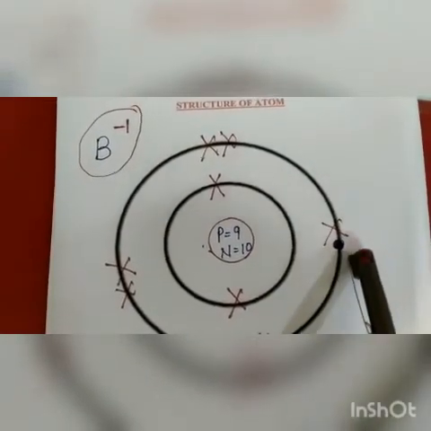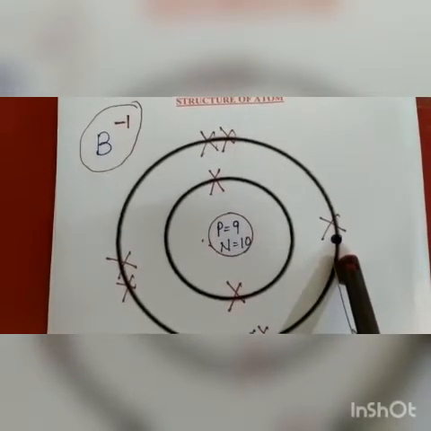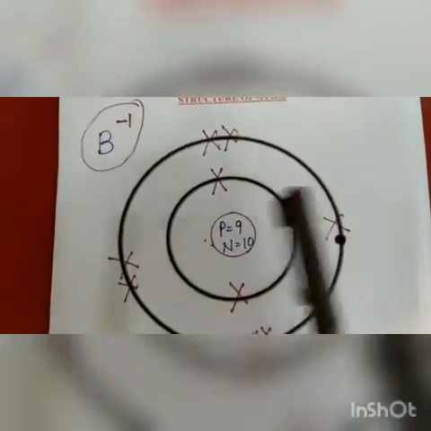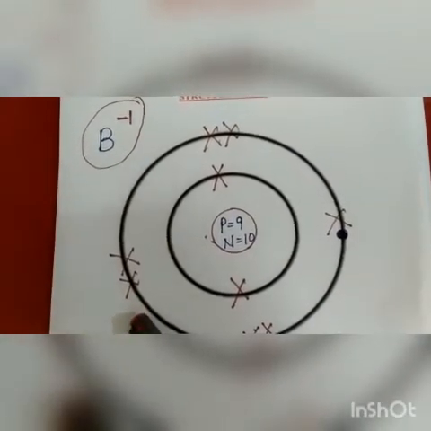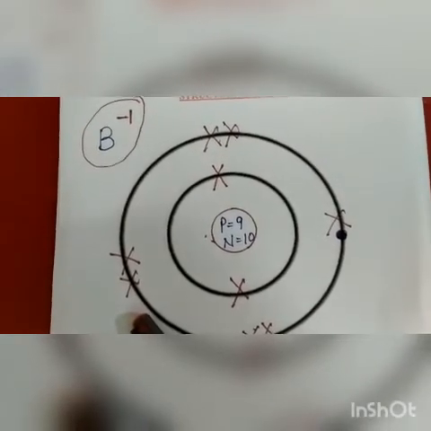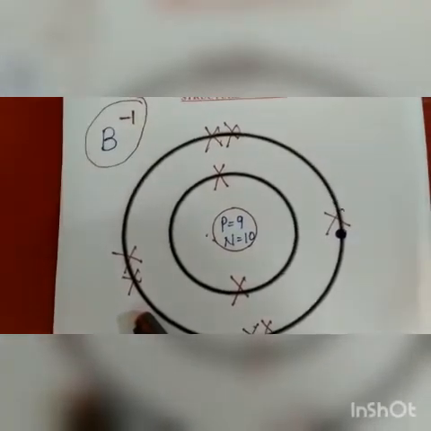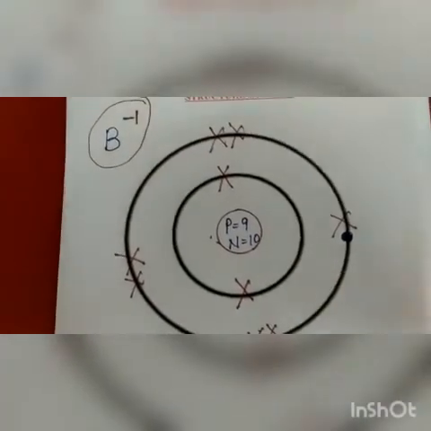So here the valency is 1. And since it has gained an electron, there is one extra negative charge, so here the valency is -1. If it gains 2 electrons, the valency will be -2. So valency is the number of electrons gained, lost, or shared. I hope it is clear to everyone.